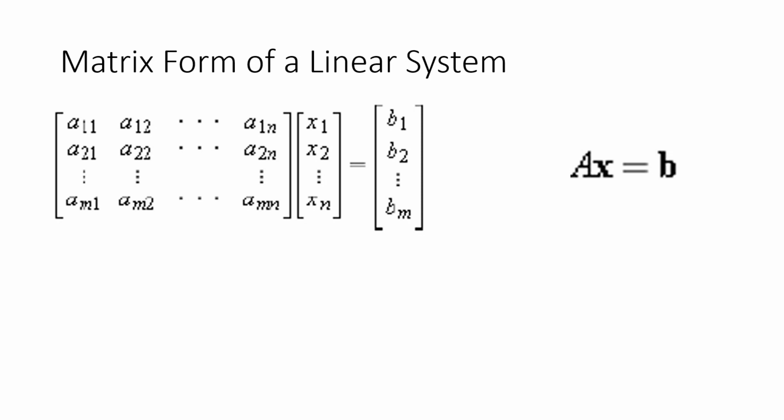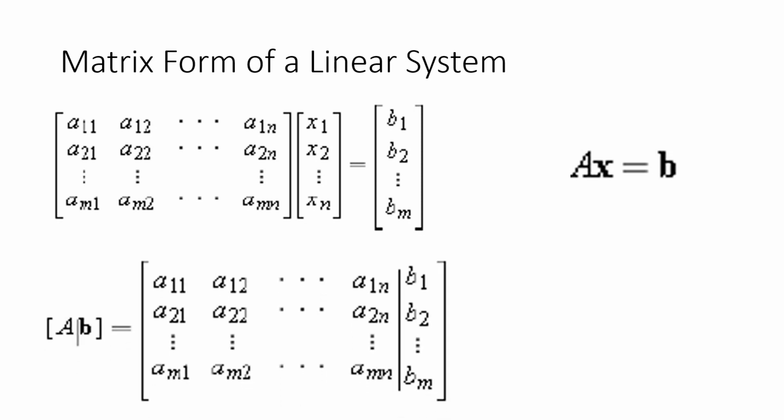The augmented matrix of the system is obtained by adjoining B to A as the last column. So, in other words, that would be our augmented matrix.